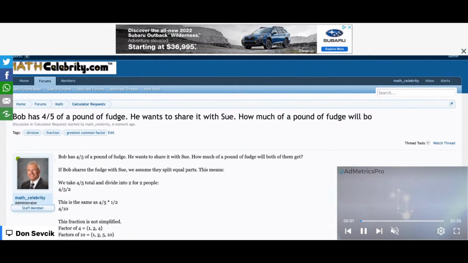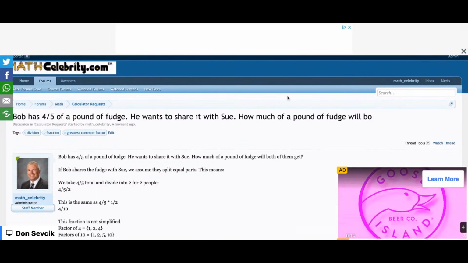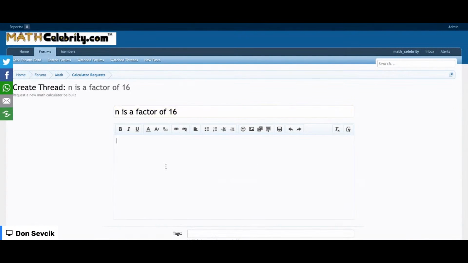N is a factor of 16. Okay. Since we just did the greatest common factor problem, let's stay on that tip. First list out factors of 16. We got 1 times 16, 2 times 8, 4 times 4. We can also reverse these, 16 times 1, but we want unique factors.